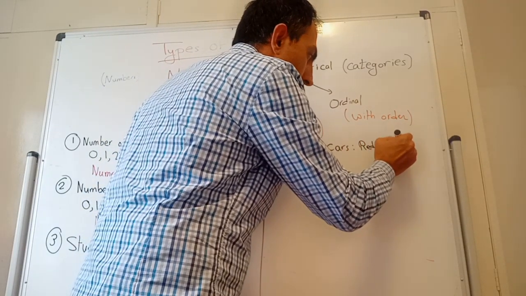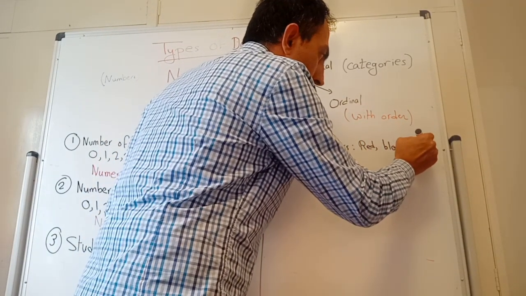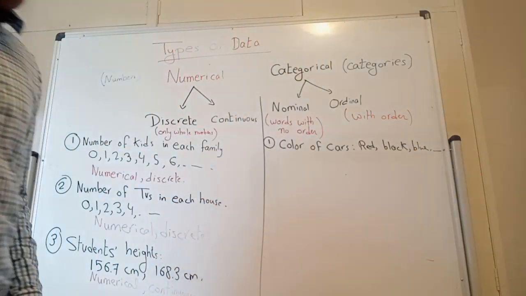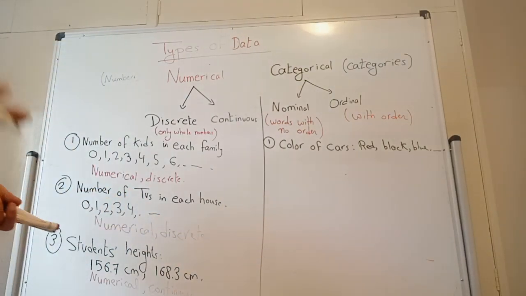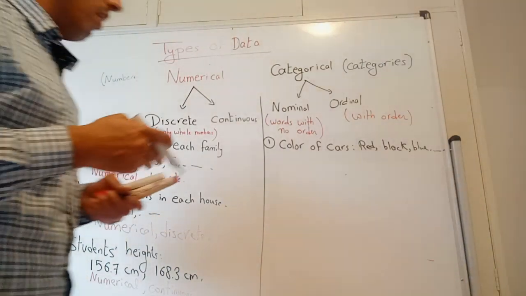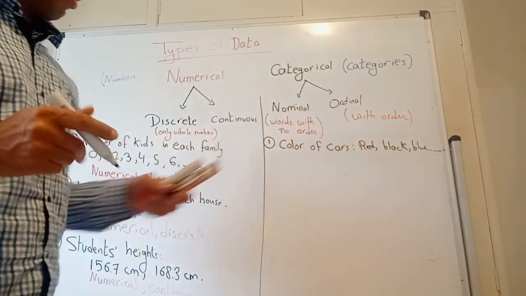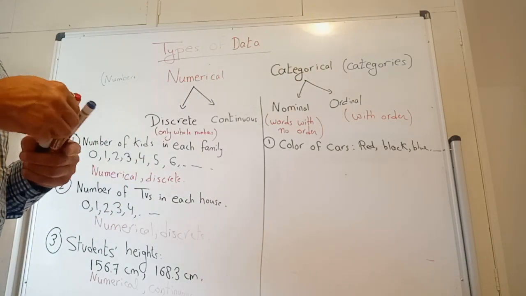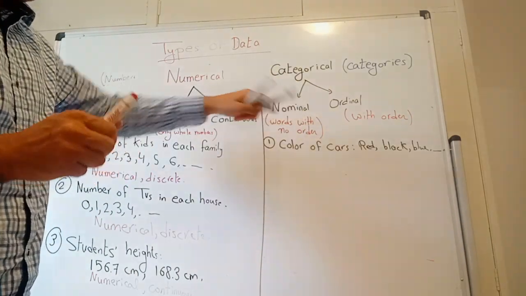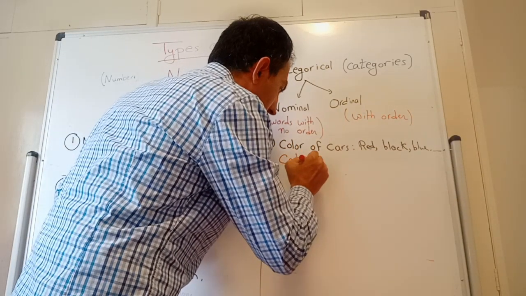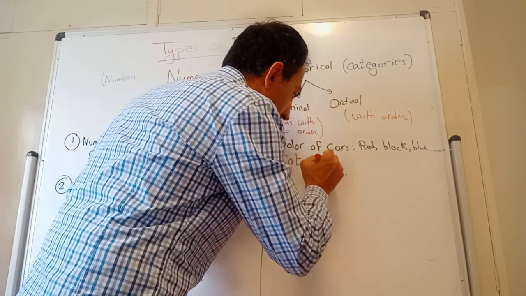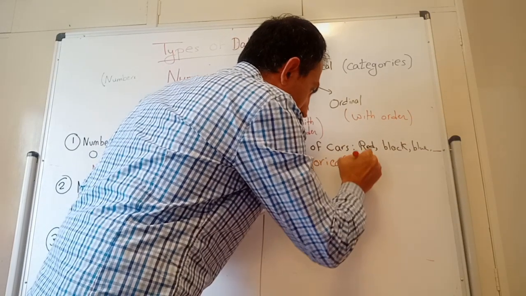I don't see any order here. Red, black, blue, white, whatever it is. There is no order and they are words. So this type of data is called categorical nominal.